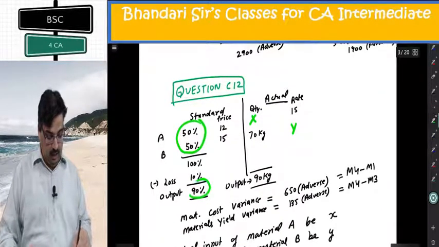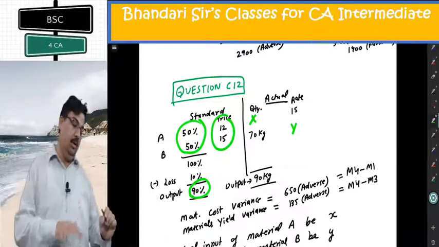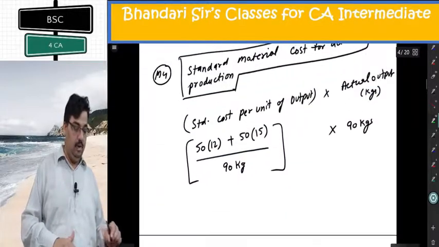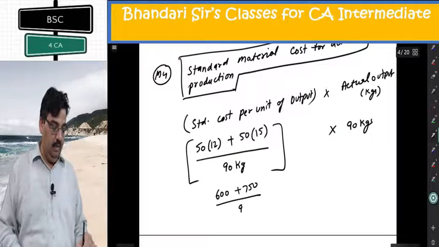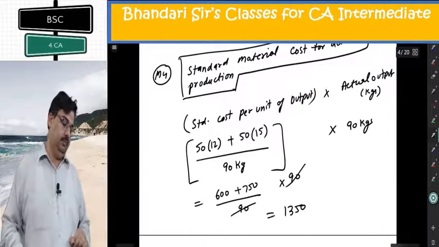Input, output, they are the rates. Multiply and add, divide by 90 into 90. By chance, actual output and standard output are same. So what I am getting? 600 plus 750 divide by 90 into 90. They are cut. I am getting 1350.